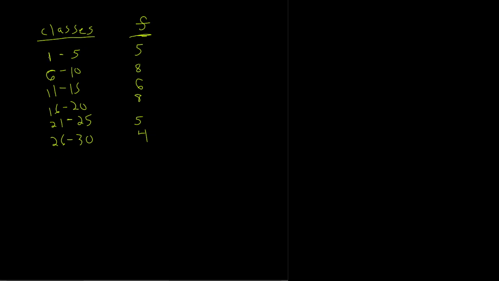And so what we tend to notice is each one of these classes, 1 through 5, 6 through 10, 11 through 15, has a lower class limit and an upper class limit.